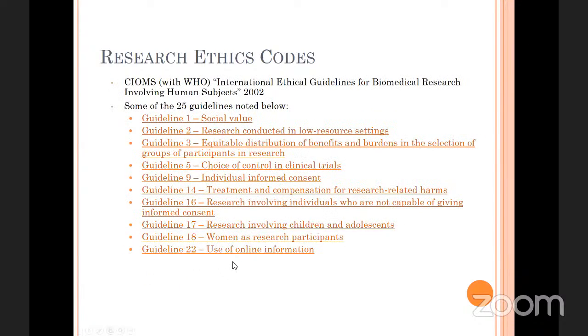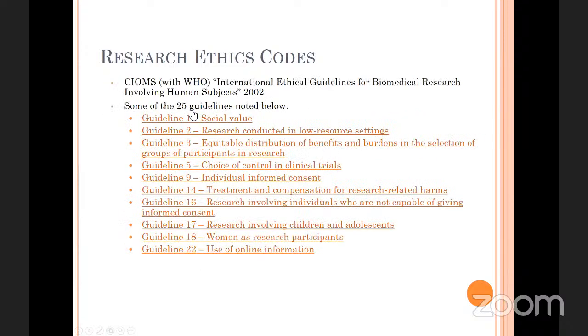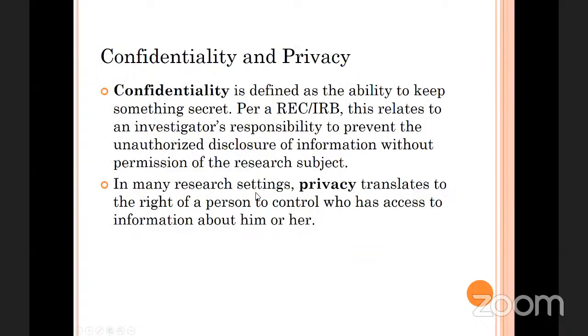So there's a lot you could say about research ethics, and there are many different codes. So not only the Declaration of Helsinki, I like this particular one, the CMOS code, which gives you a lot of subsets. And we talked about many different areas of research ethics.